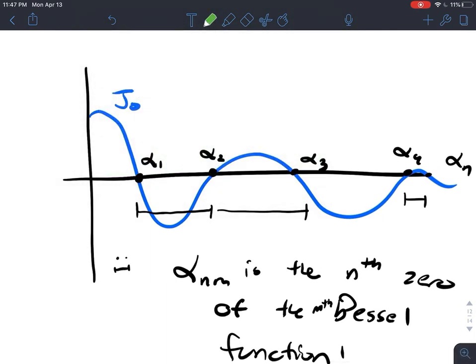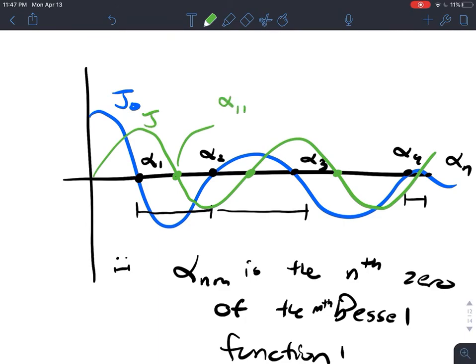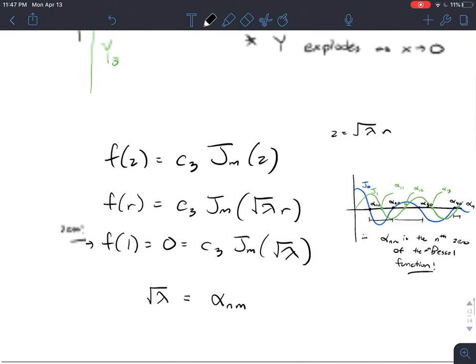So if I also draw, let's draw J1 for example. Notice that the zeros of J1, which I'm going to color in with green dots, are entirely different. So I would call this alpha 1 1, where this is J1, and this zero would correspond to alpha 1 2, alpha 1 3. And then my original ones would correspond to alpha 1 0, 2 0, 3 0, 4 0.